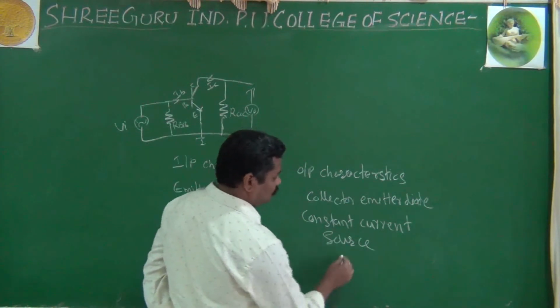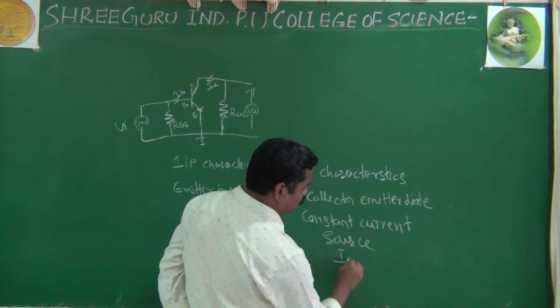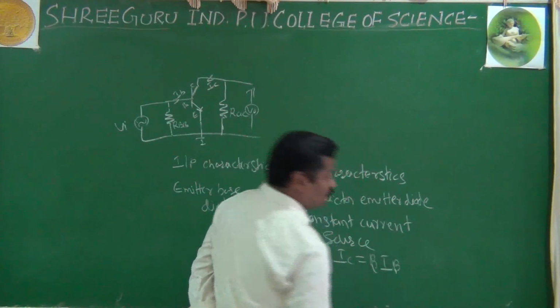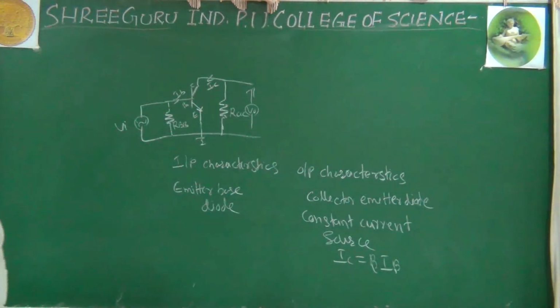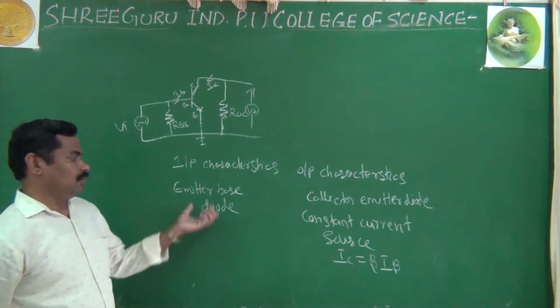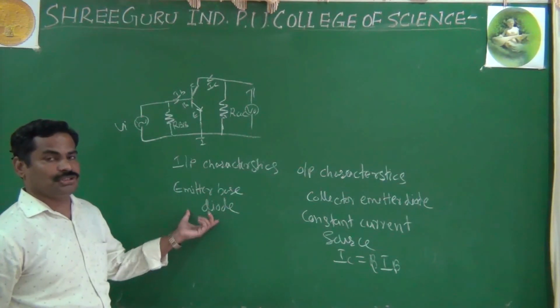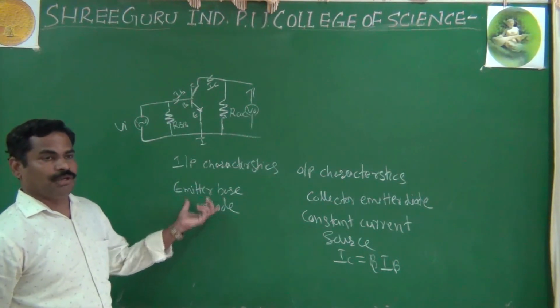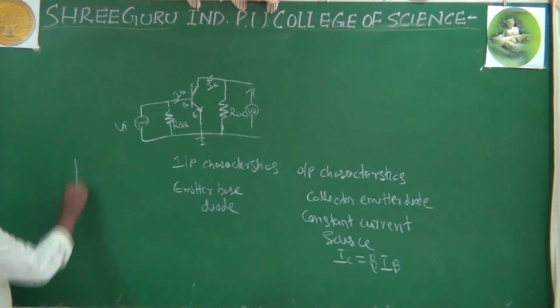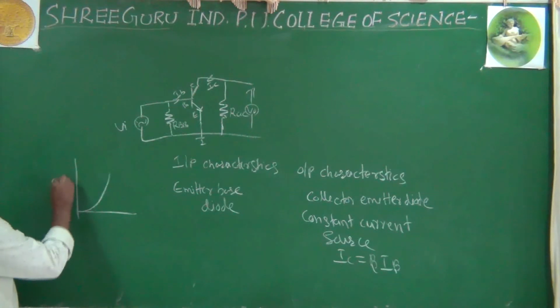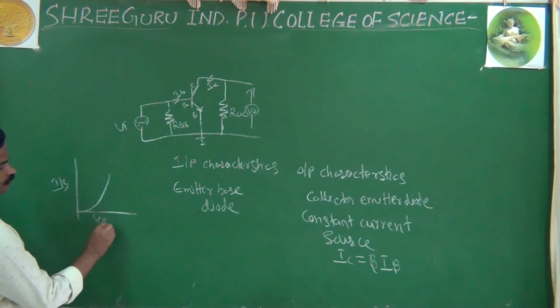And also you have a very high output current, that is nothing but beta into IB. Look here, if we go through the input-output characteristics, especially the emitter diode, that is used as the forward bias diode. You studied the input characteristics, this is your IB and VBE.